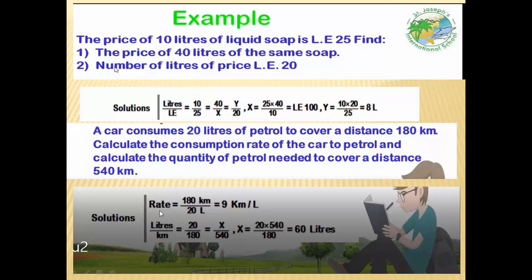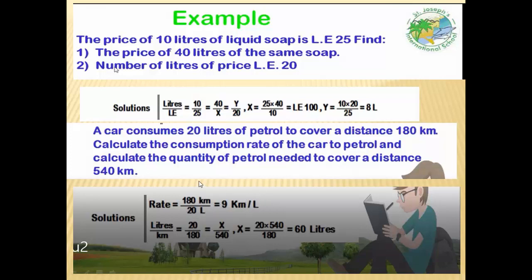You know, from the last lesson, rate equals fractions or ratios between two different units, kilometer by liter.